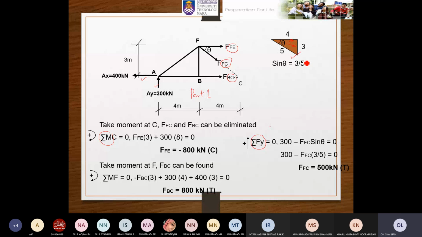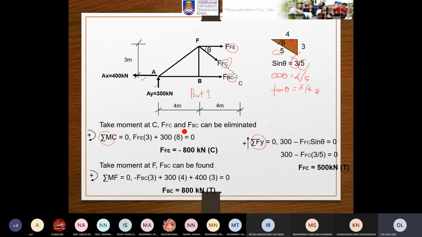Sine theta is the opposite side divided by the hypotenuse. This is the hypotenuse. Cos theta is the adjacent side divided by the hypotenuse. And tan theta is equal to 3 divided by 4. If you have this, no problem, then it will be easier for you later.